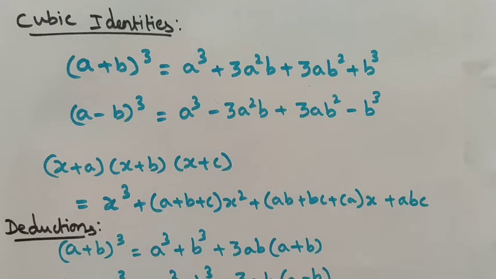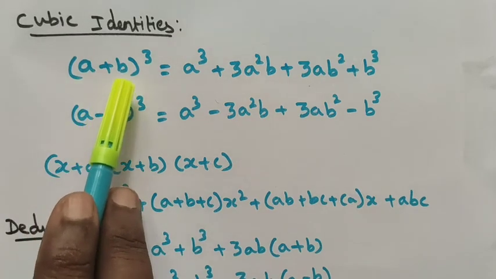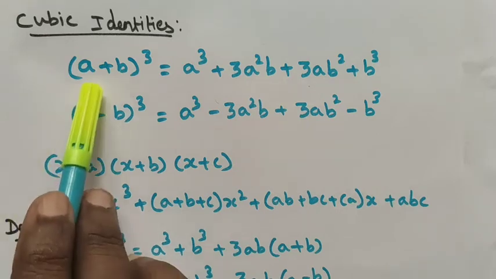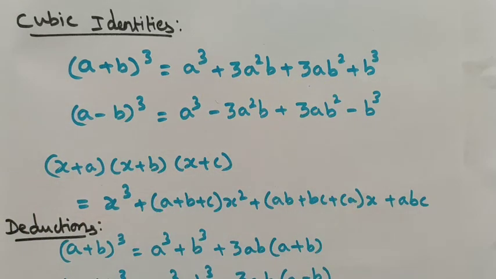Next we see the cubic identities. The cubic identities also we can prove the same way. Here we have a plus b whole cube, right? So a plus b into a plus b into a plus b. If you multiply all the terms, we get the RHS side. So let's see the cubic identities. a plus b whole cube is equal to a cube plus 3a square b plus 3ab square plus b cube.